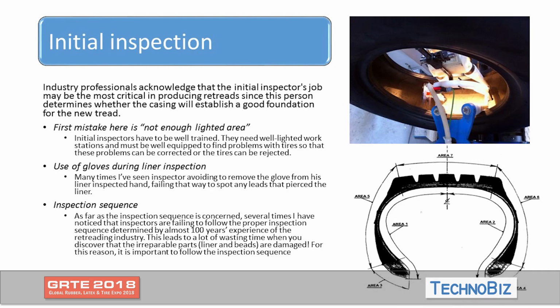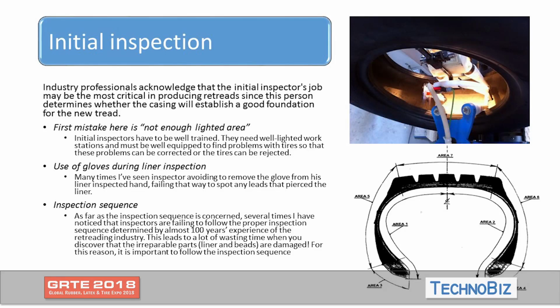Another funny thing that I have seen in my business career, walking through many retreading factories from North America to Australia to South Africa, is the inspection sequencing. When I inspect the casing, I have a sequence that has been, let's say, described or prepared by 100 years of experience.